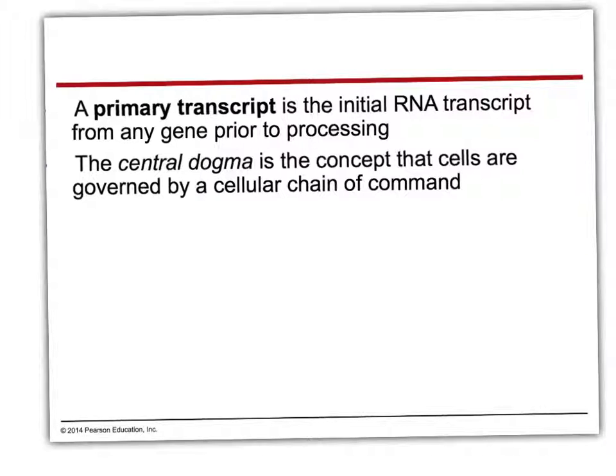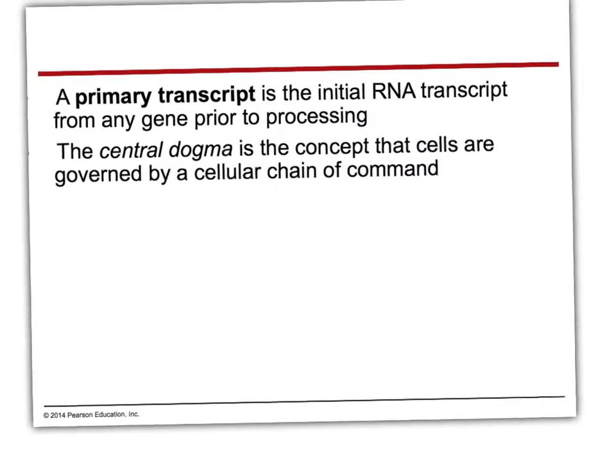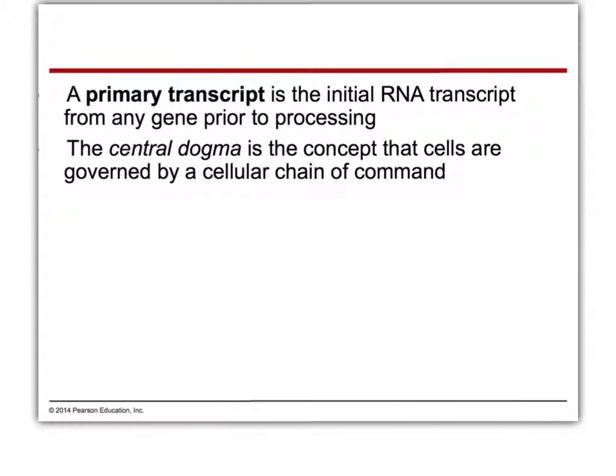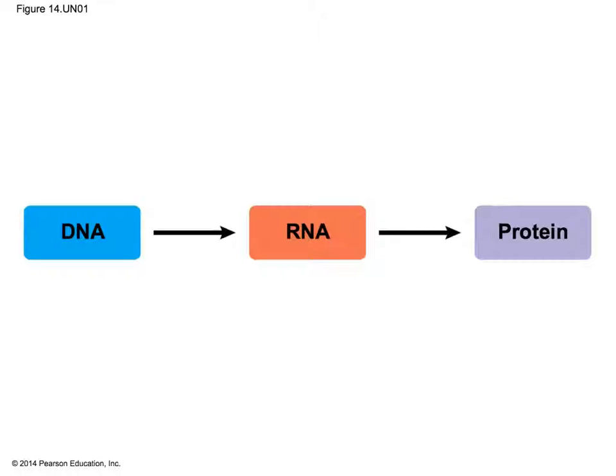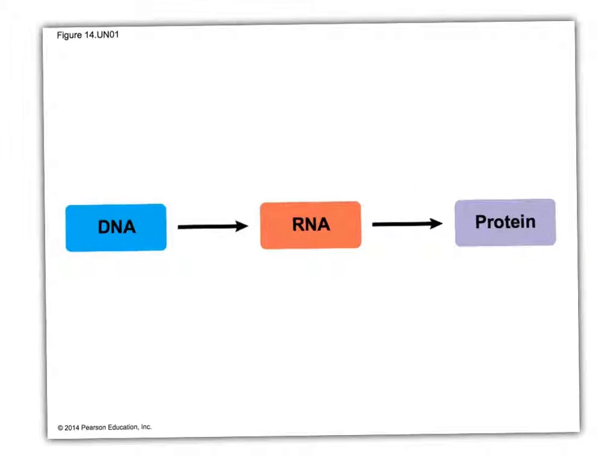Now, this next part, the central dogma, is the concept that cells are governed by a cellular chain of command, which is DNA codes for RNA and codes for a protein.